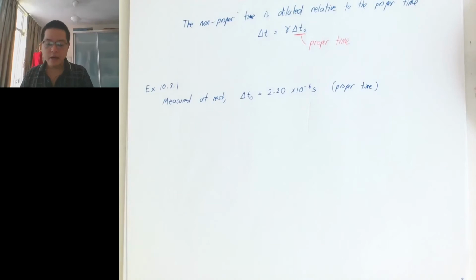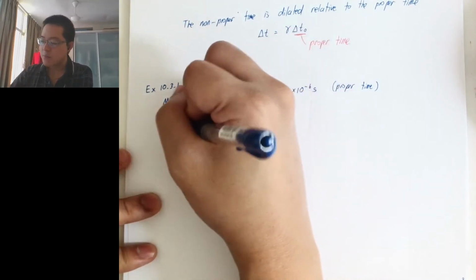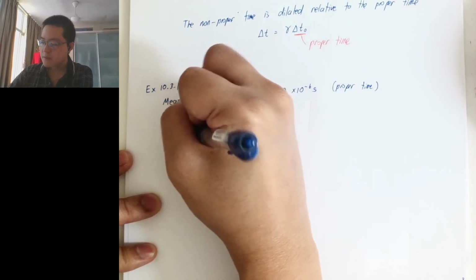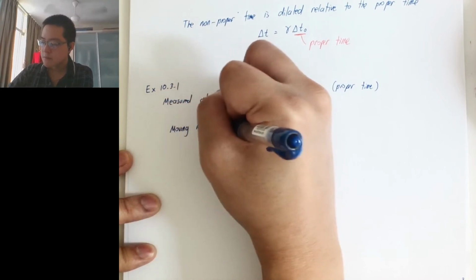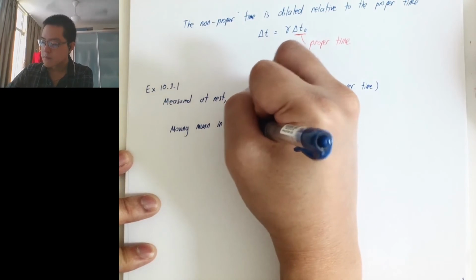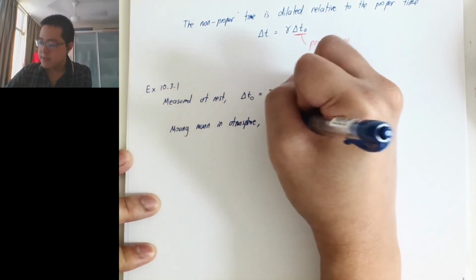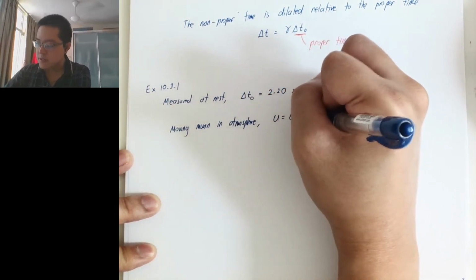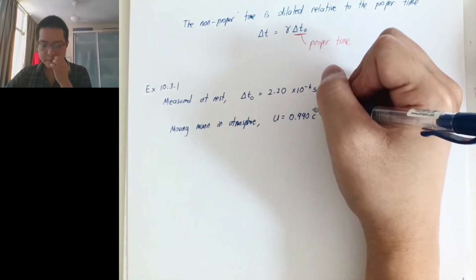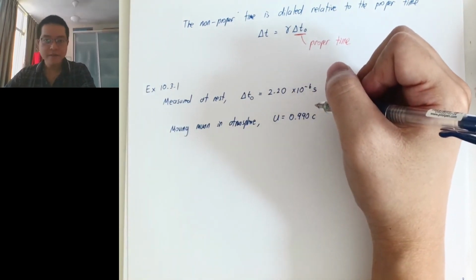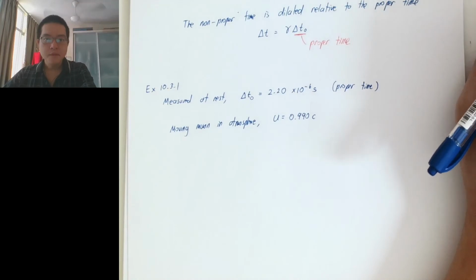Now the moving muon in the atmosphere has a speed of 0.990 c, or 0.995 c?